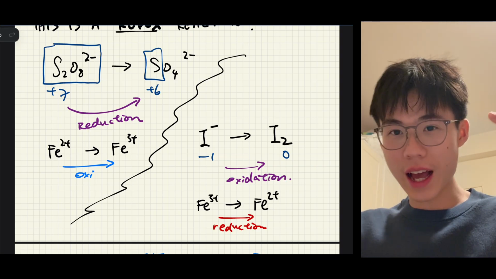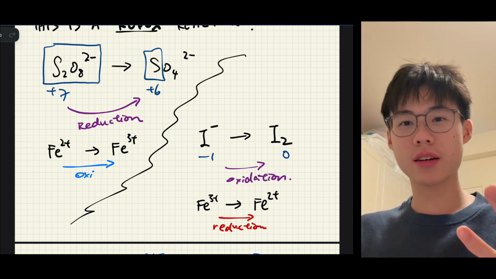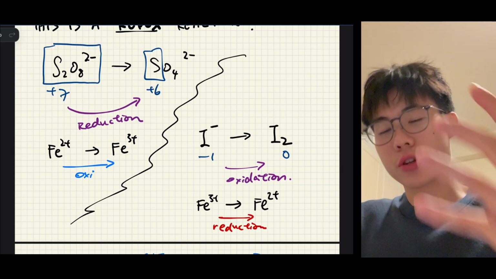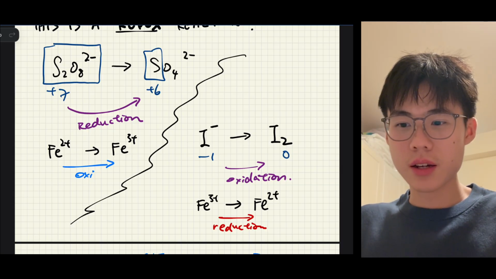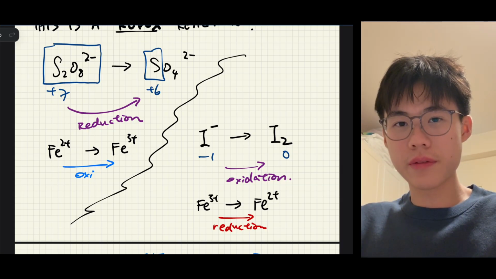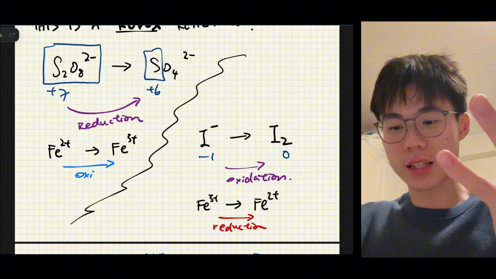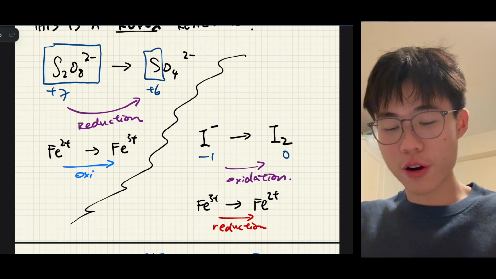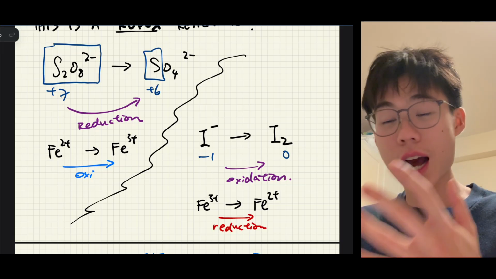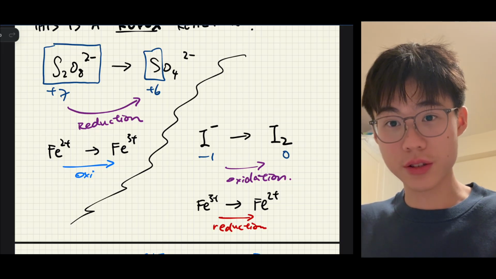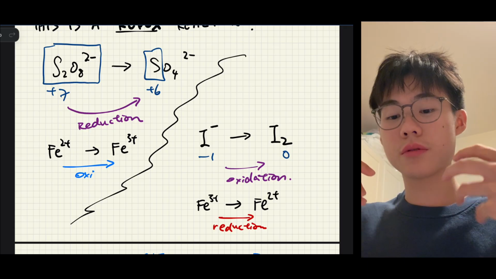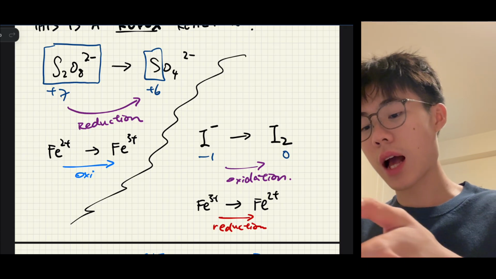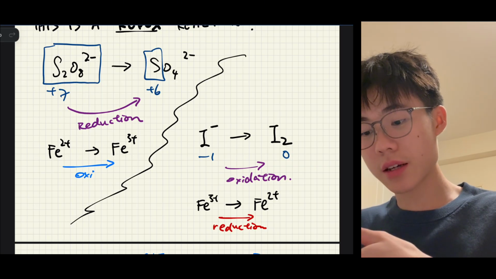But ultimately, iodide has to pay back. It's like you borrow from the bank, but you ultimately need to pay back the bank, because that is what the transaction is supposedly between peroxydisulfate and iodide, because that's the whole reaction. But iron gave the electron first, and then iodide paid it back through here.